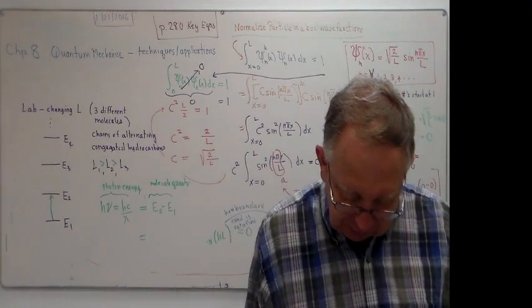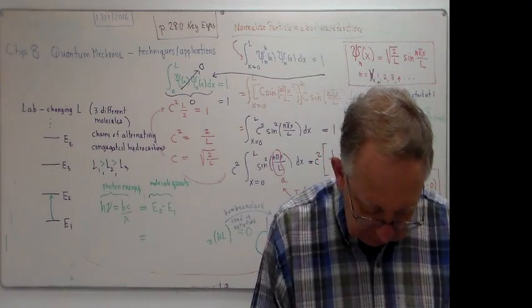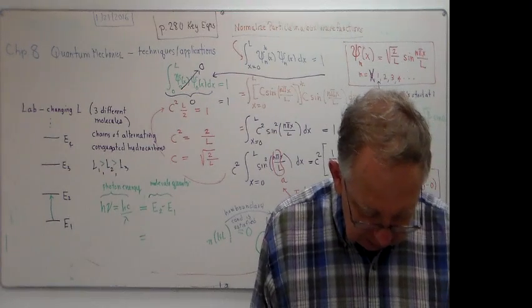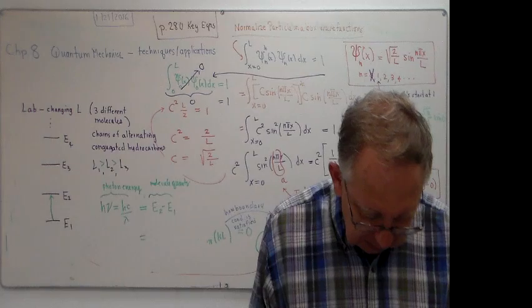So we've done a nice job getting through the first part. It's n squared pi squared over L squared, h bar squared.